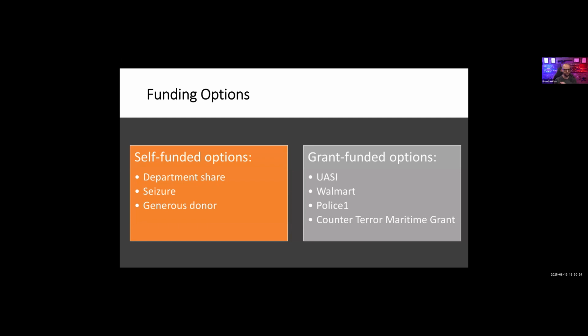You also can go through Police One and Fire One. Both have grant funding opportunities for you as well. If you are on a coastline, you can utilize the port security grants by the Coast Guard for counterterrorism maritime grants. There's all kinds of grant funding options out there. What's important to note is that DJI can be grant funded, but it's incredibly rare, especially since they're on the commerce list.